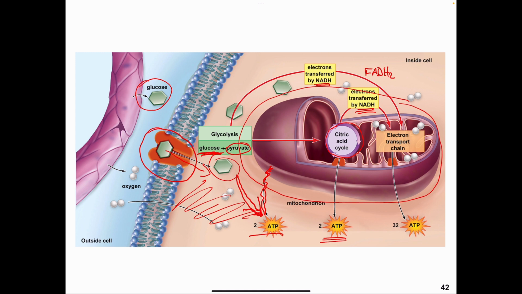Now, the electron transport chain here is going to depend tightly on the presence of oxygen. Without oxygen, the electron transport chain is not working. The electron transport chain is going to pass electrons from NADH and FADH2 to the electron transporters.